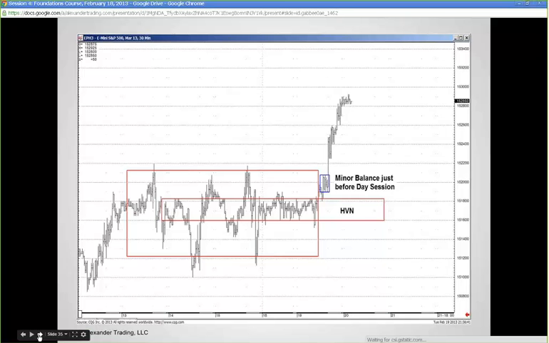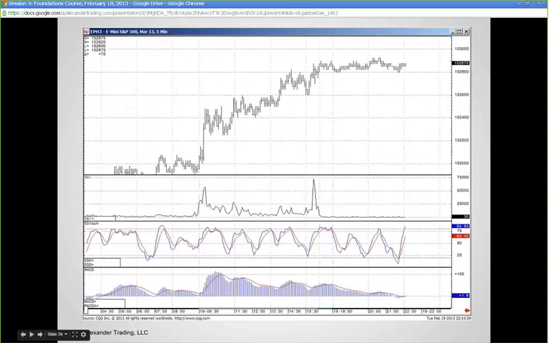Now here's the 5-minute chart, and this is what we were looking at earlier. If you are your typical day trader, not only, if you happen to have the good fortune of getting in here, you're probably out here.